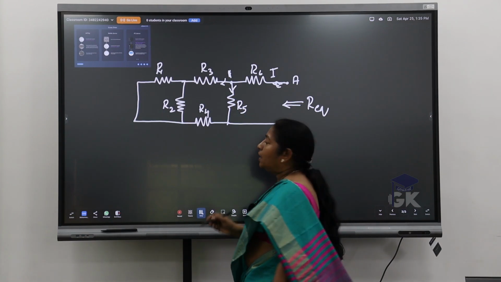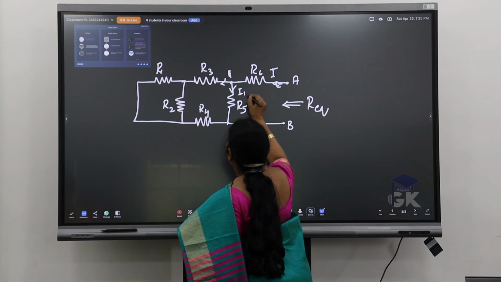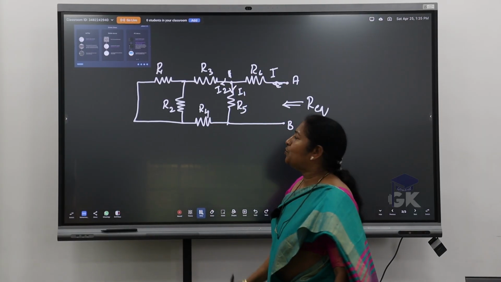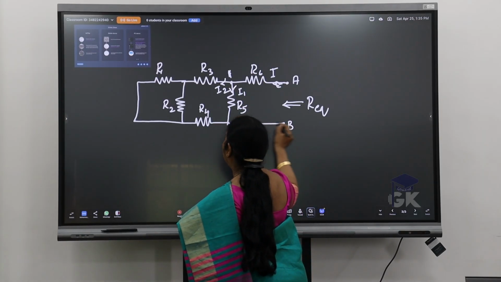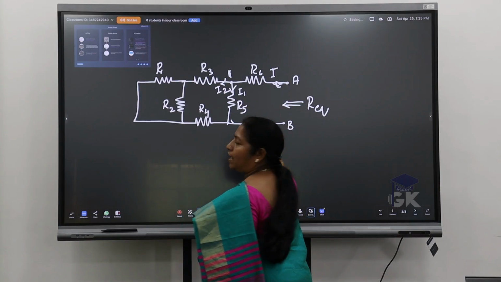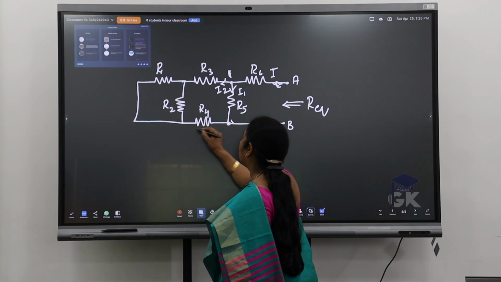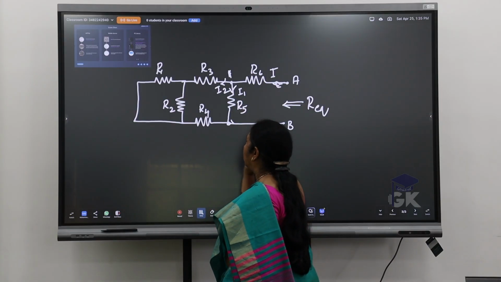Let me take this as I1 and this as I2. I1 flows like this through R5 and reaches B. At this junction, everything joins and goes along with the other current.